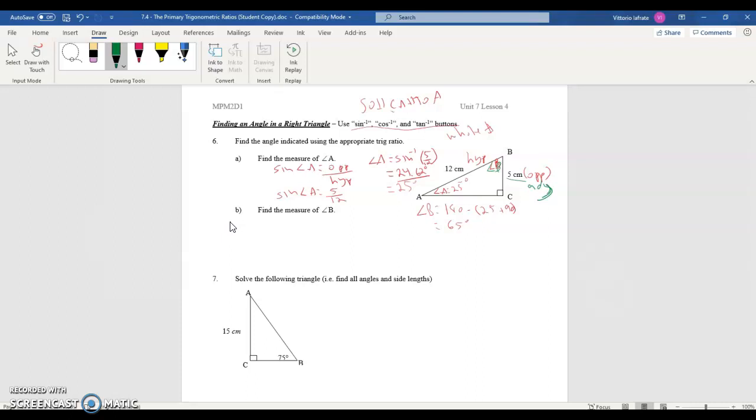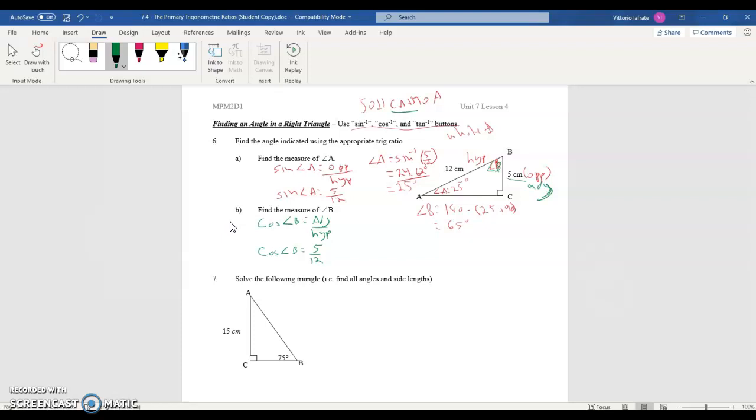If we have adjacent and hypotenuse, we have cos. So we know that cos of angle B is equal to adjacent over hypotenuse. So cos of angle B is equal to 5 over 12.